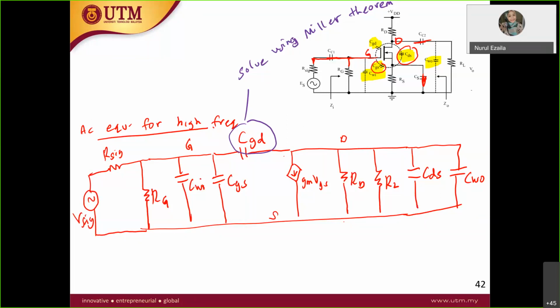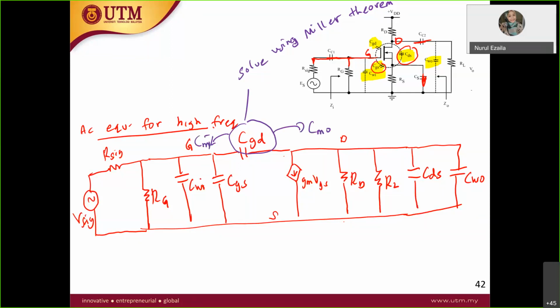By using Miller theorem, this CGD, instead of being horizontal like this, we want it in vertical, so it will be split into two: CM out and also CM in.